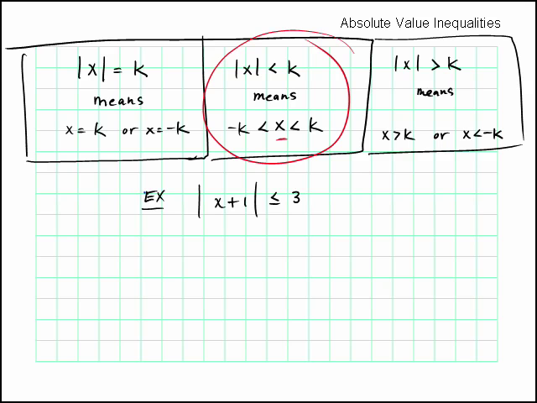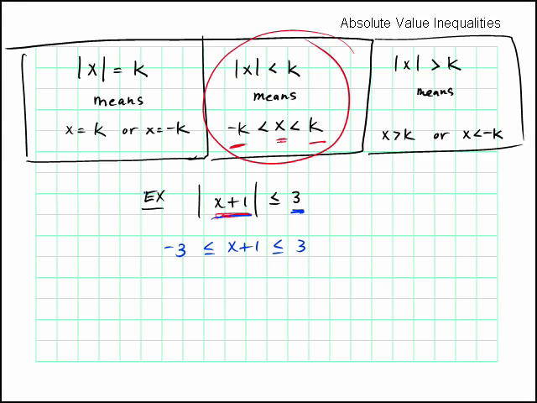This x plus 1 in here will be between negative 3 and positive 3. That's the way I'm going to write it. This x plus 1 is stuck between negative 3 and 3. That's how we follow the pattern.